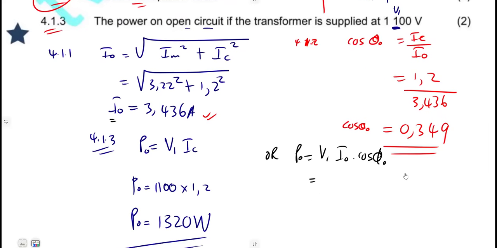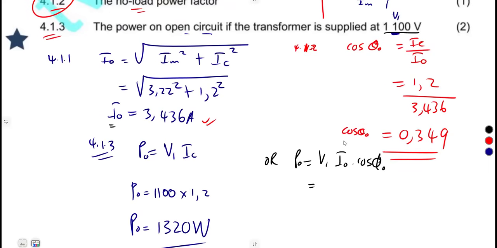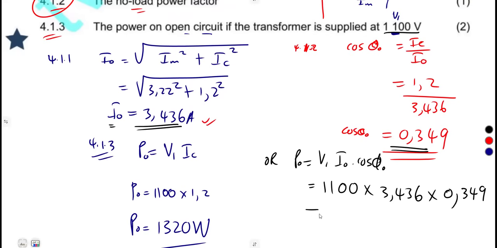So V1, that's the only value that is not rounded here, 1,100. The no load current, you calculated this, it was a rounded off value. So you're using something that was rounded off. The power factor, this one was also rounded. So we are using rounded off values.